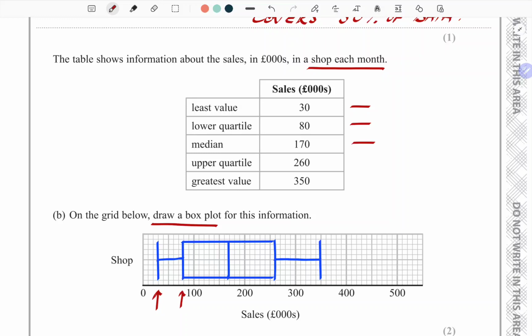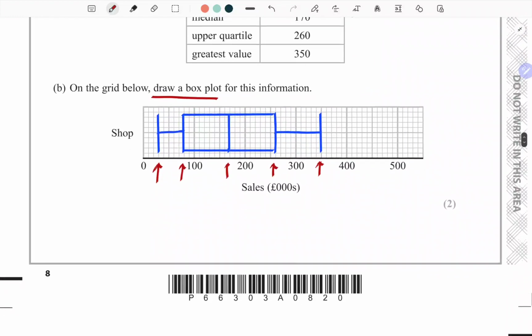And median, 170, that's about there. Upper quartile is 260, it's about there, and greatest value 350. So all of that has been plotted, and we've done the box and whiskers thing that you're expected to do. So 2 marks for that.